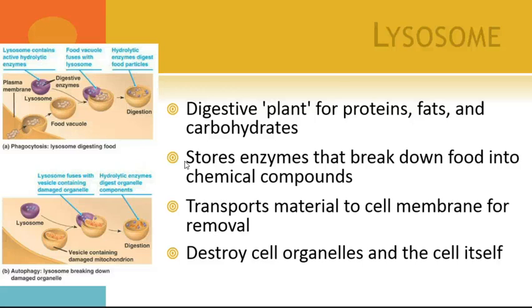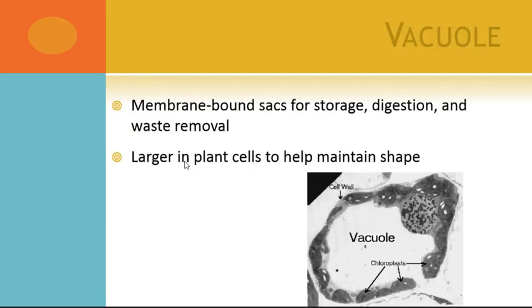It could be organelles that are dysfunctional or dead or whatever, and they can actually go through and destroy the entire cell itself. One of the steps in a process called apoptosis, which is programmed cell death. Cells have a lifespan. At the end of that, they actually end up undergoing apoptosis, programmed cell death, and they're broken down.